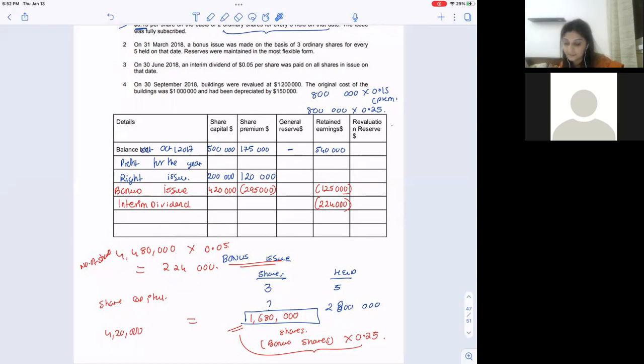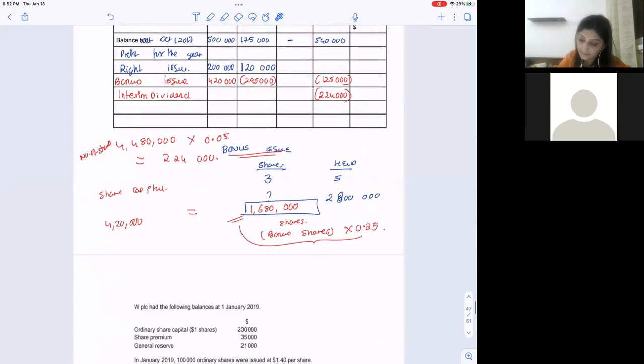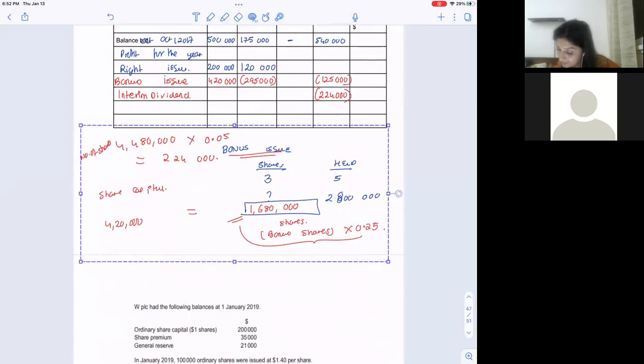Now let's go to revaluation reserves. Buildings were revalued at 1,200,000. The original cost of the building was 1 million, and it had been depreciated by 150,000.